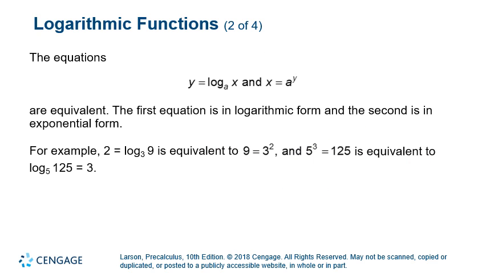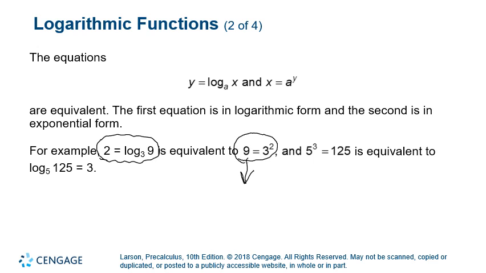So for example, if we had 2 equals log base 3 of 9, we can rewrite that in exponential form as 9 equals 3 squared. And I think this exponential version looks a lot more comfortable to you than the logarithmic version.